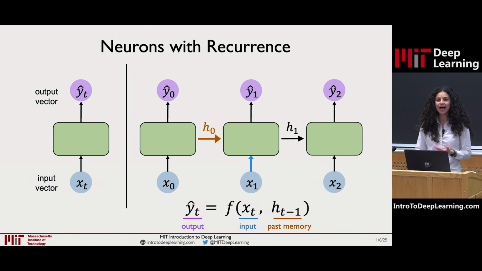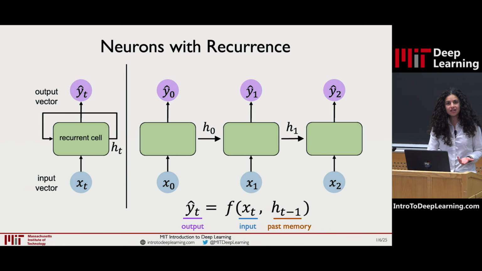So we have this idea of some sort of recurrence, something that's repeated and maintained over time as the network makes these computations. And because this output that we're producing is a function of not only the current input, but also this past state, we can describe this type of network via what we call a recurrence relation.